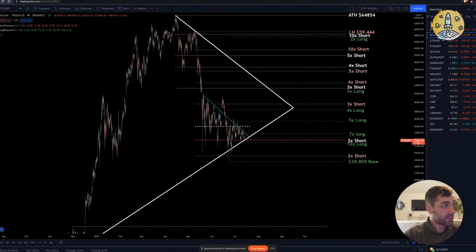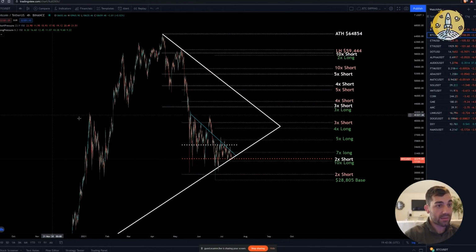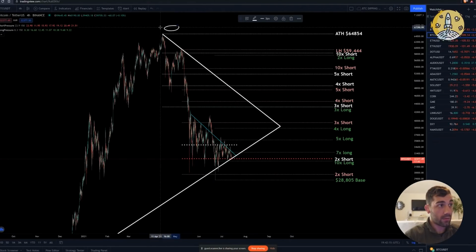So these levels are simply the corresponding leverage levels that match up with the point at which you can no longer protect your liquidation point by the all-time high or local high in terms of shorting the market, and the local low support level in terms of going long on the market.